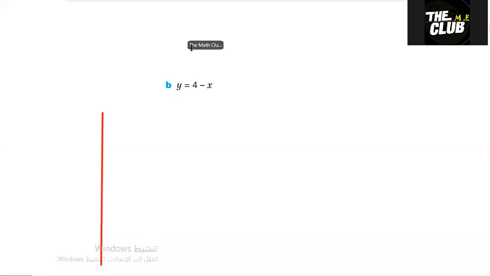So first, let me put this, sorry. So it's y equals 4 minus x. So we're gonna find the y-intercept here, the same idea as we did before.